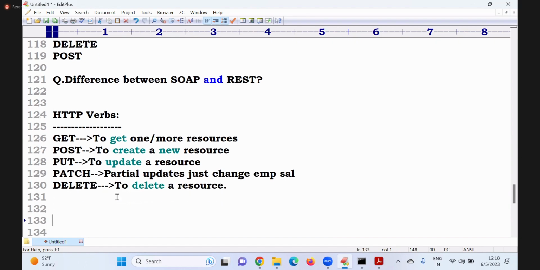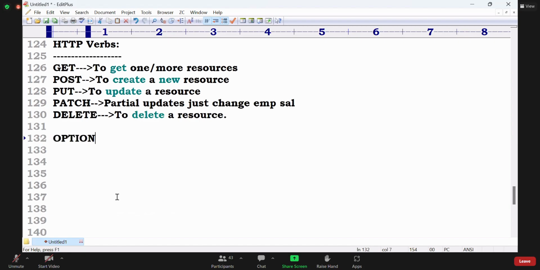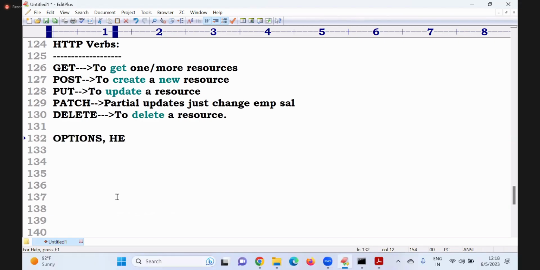Delete is there. Along with these, there are so many methods, but rarely used methods. What are they? Options, head, connect. Possibly later on we will see them while programming: trace, lock, move, and so on.